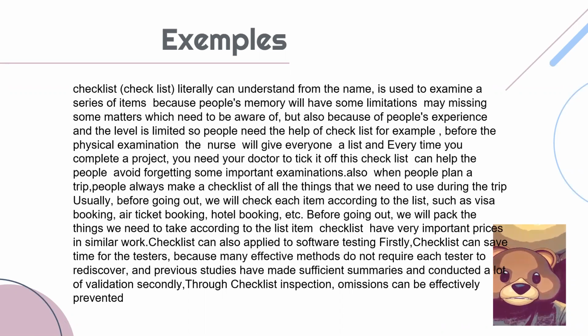So people need the help of a checklist. For example, before a physical examination, the nurse will give everyone a list, and every time you complete a project, you need your doctor to take it off. This checklist can help people avoid forgetting some important examination.